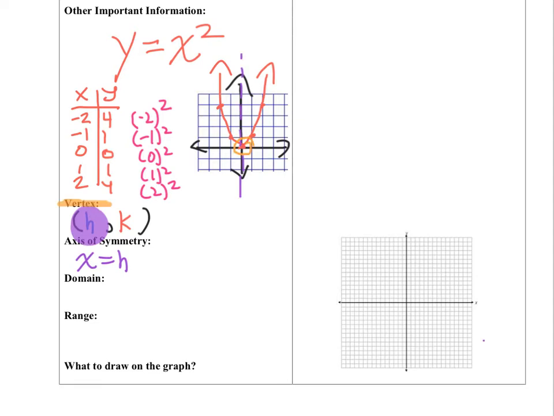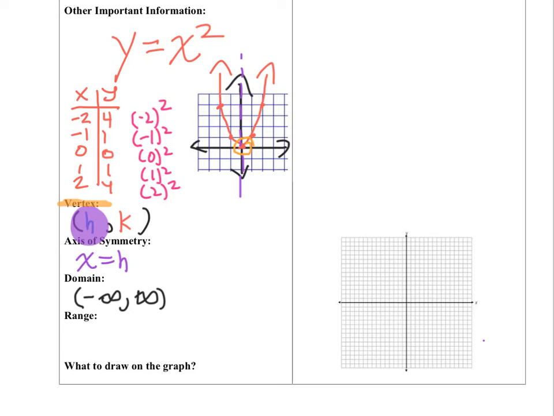The domain of all quadratic functions is negative infinity to positive infinity, as you can take any number and multiply it by itself. However, the range of a quadratic is not going to be negative infinity to positive infinity. You can see this because if you look at the table of values for the parent function, when we multiply a negative number by itself, it's also positive, which means that negative numbers will not be in the range of the parent function.